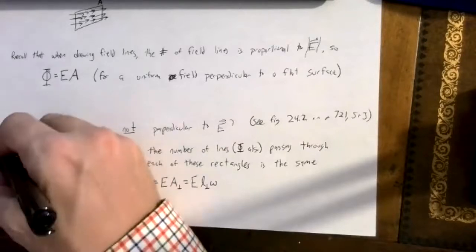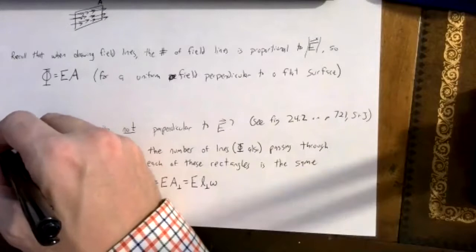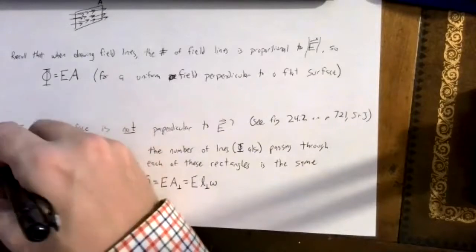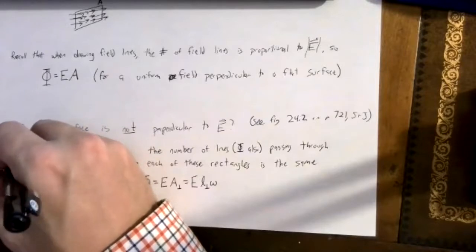If we know this angle theta and we know this length here, we can figure out how this perpendicular length is related to it. Can anybody see the trig function that'll give us that? Cosine. Yeah, that's going to be the cosine.